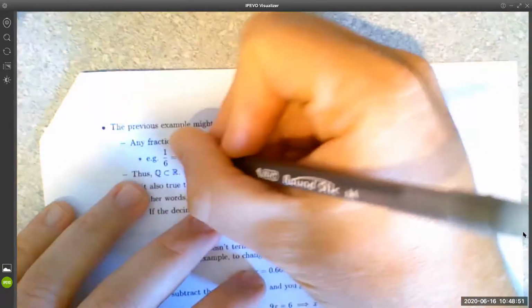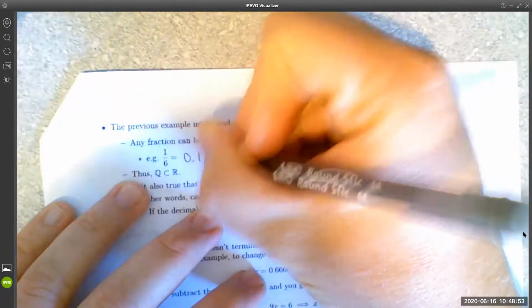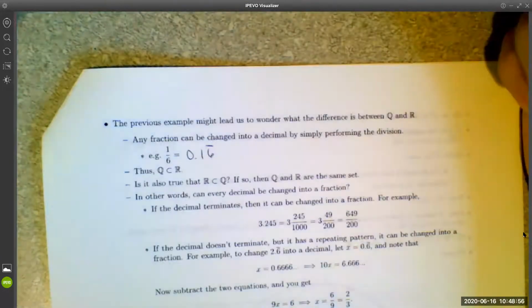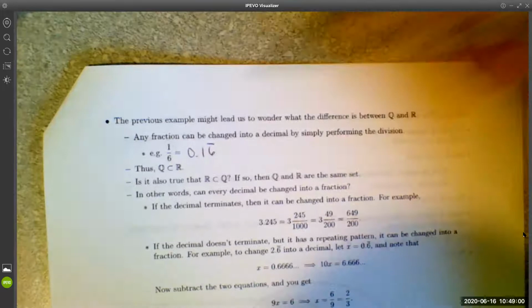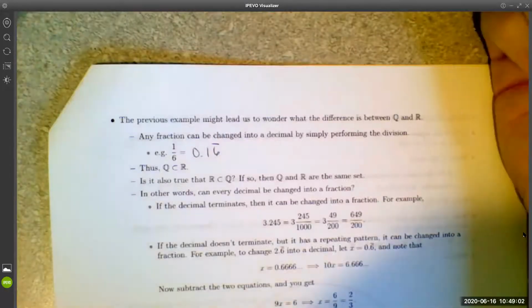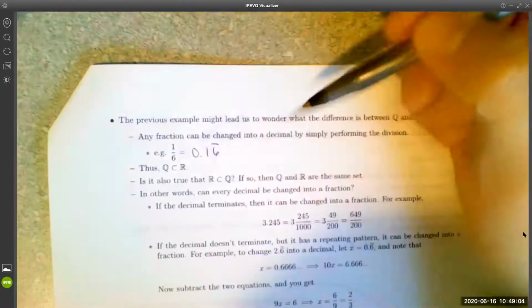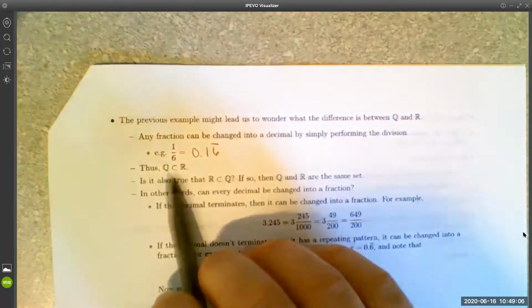I'm going to write that like this: 0.16 with a bar over the 6 to indicate that the 6 repeats forever and ever. So that can be rewritten as a decimal. Any fraction can be rewritten as a decimal, so Q is definitely a subset of R.